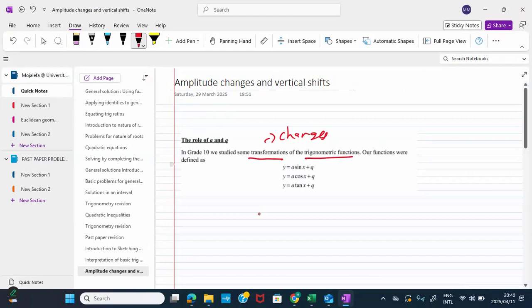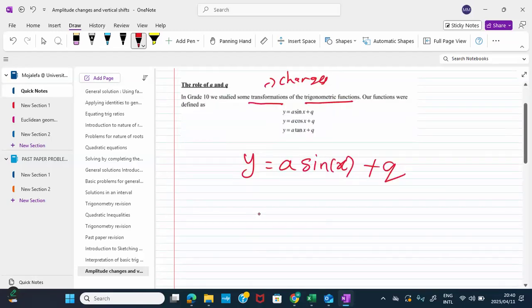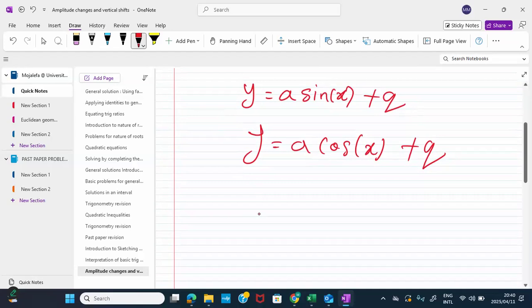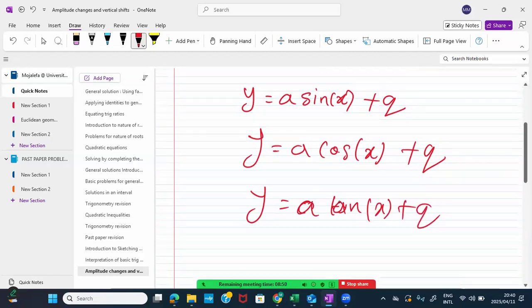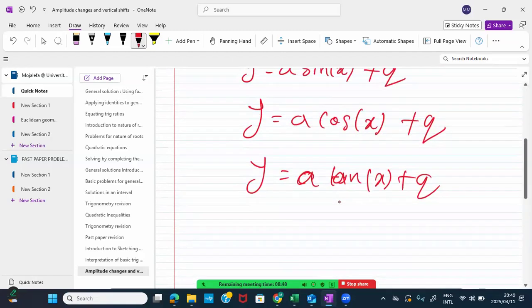The general form of a function was always y is equal to a sine x plus q, or y is equal to a cos x plus q, or y is equal to a tan x plus q, right? That's what you normally had.